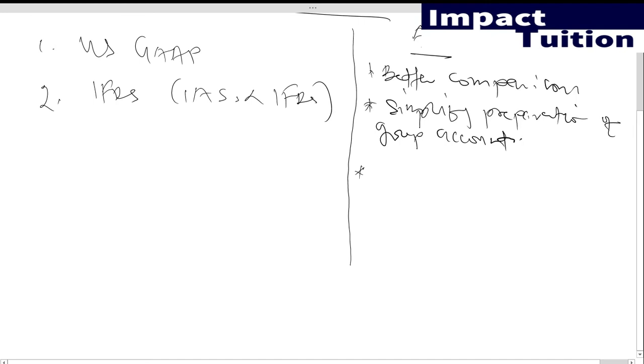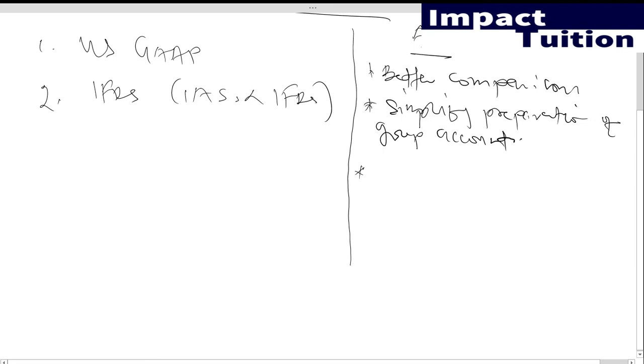A parent with subsidiaries in different countries can easily prepare consolidated financial statements because the separate financial statements of the subsidiaries have all been prepared using the same rules. So the parent putting all those financial statements together would find it very easy. So this is another advantage of harmonization.